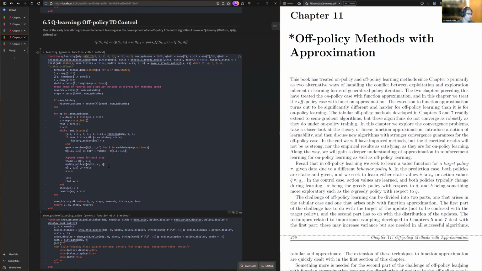Whereas normally, if we were to just treat this where we're only taking greedy actions, that would not be guaranteed to converge, because we could get stuck by revisiting the same states over and over and never updating all the values.